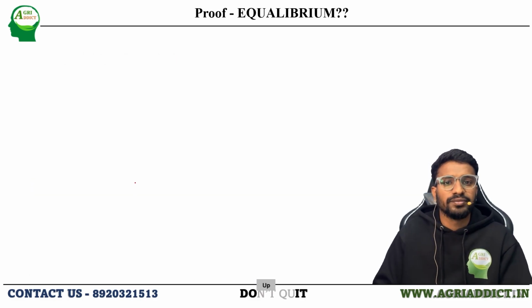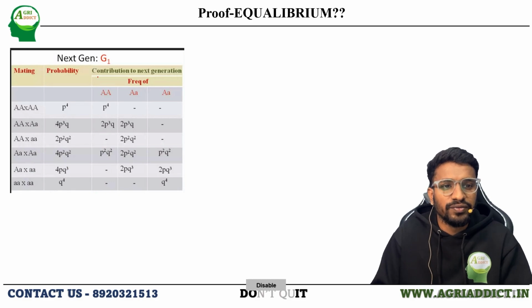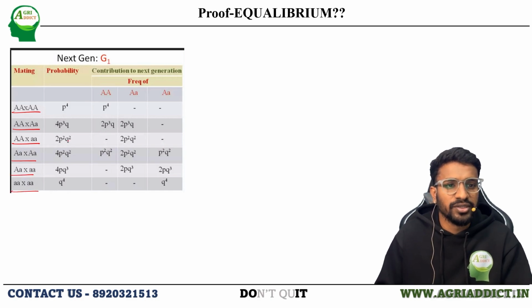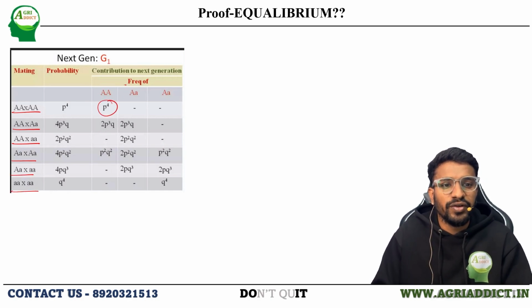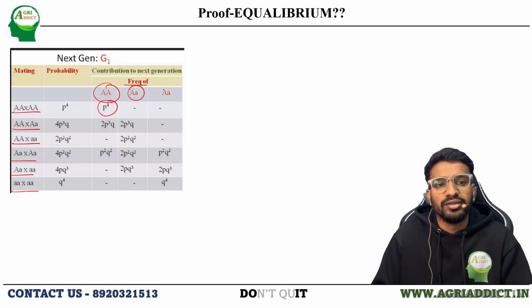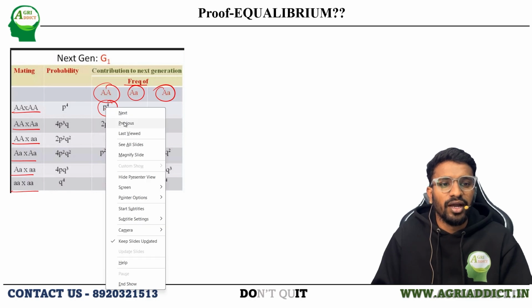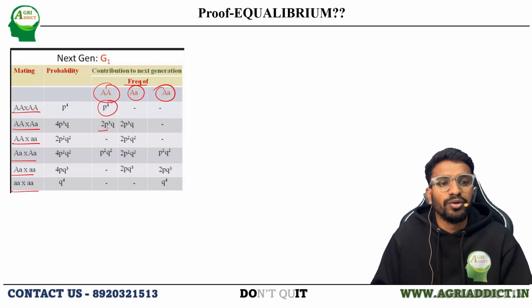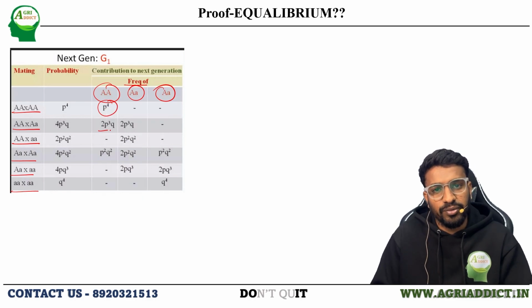So if I take all of this into a table, where I've given all the possible crosses from the three different genotypes and the frequency of the individual genotypes, for example, the frequency of the capital A capital A genotype is p to the power of 4, also 2p cube q, and p square q square.